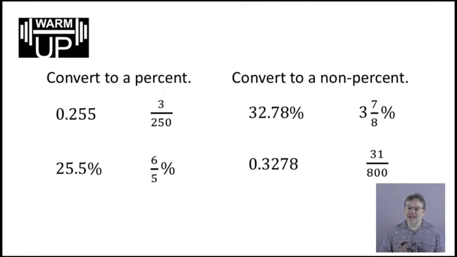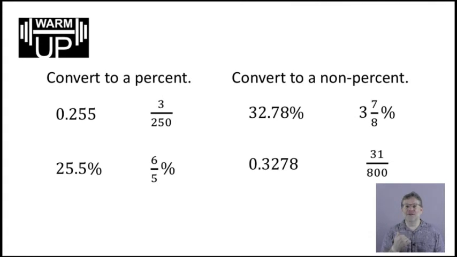Now let's take a look at the fraction ones. And you might feel a little lost when it comes to the fractions, but just understand that it's the exact same technique as before. So for 3/250ths, how would you multiply that by 100%? Well, that's just 100% over 1, which means that across the top now we have 3 times 100, which is 300.